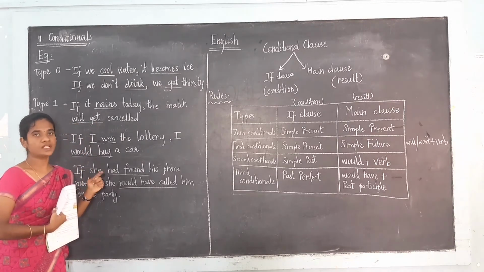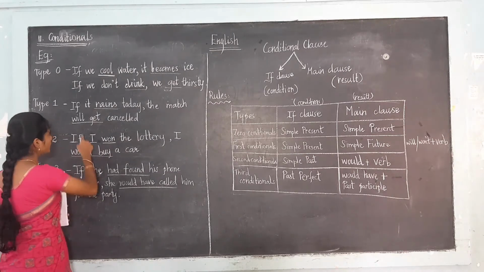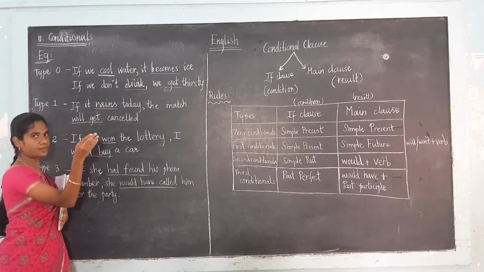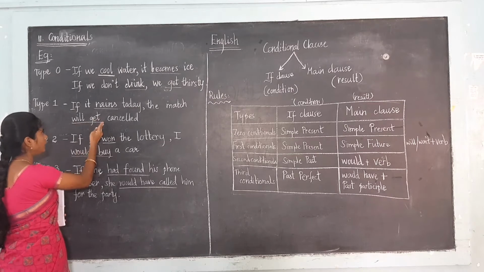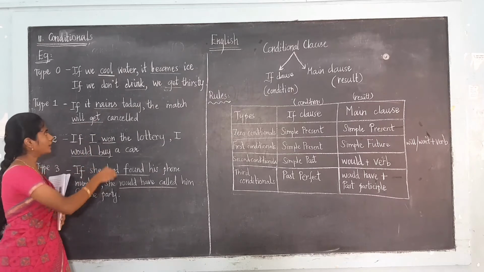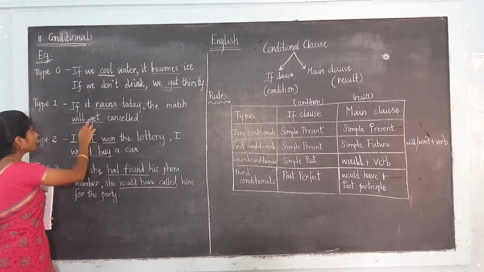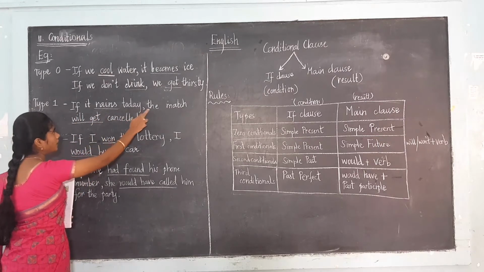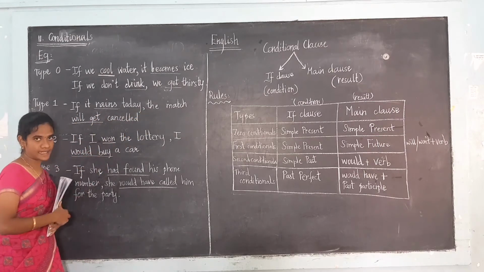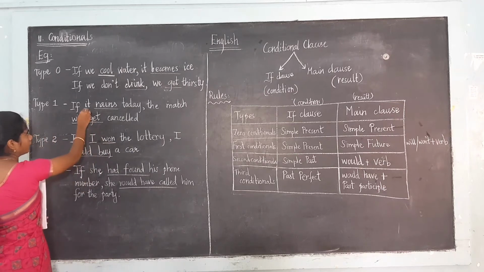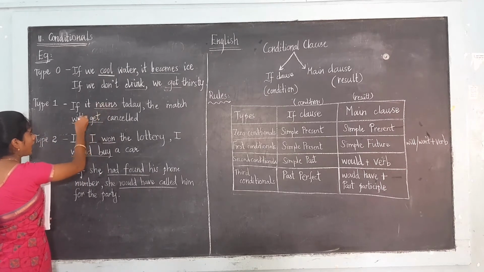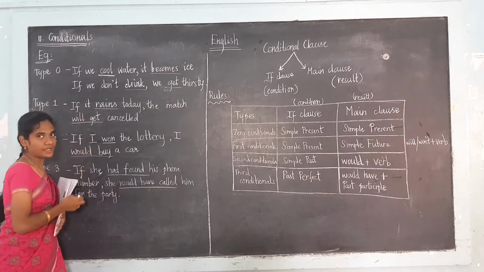Will or won't plus verb. So what is the verb given? After will you have to write the verb. Here the verb given is get. If it rains today, the match will get cancelled. So the if clause in present tense and the main clause in the future tense.